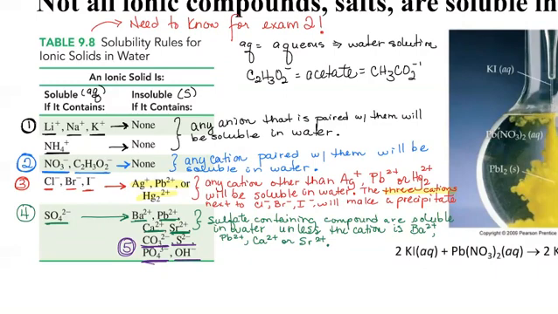Now, there is a way to make them soluble, and that is if as a cation, you pair them with the cations on group 1. Group 1 meaning what I label as 1 in this table: lithium, sodium, potassium, and ammonium. So these anions form a precipitate.